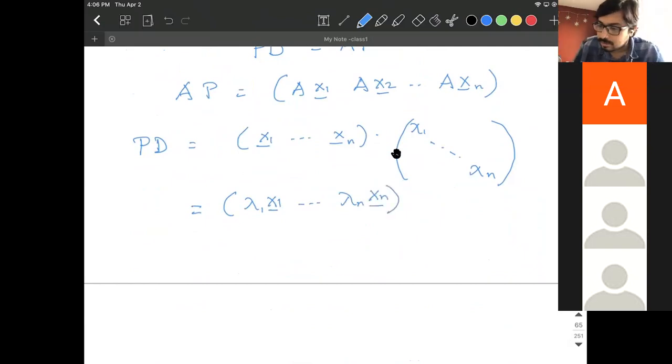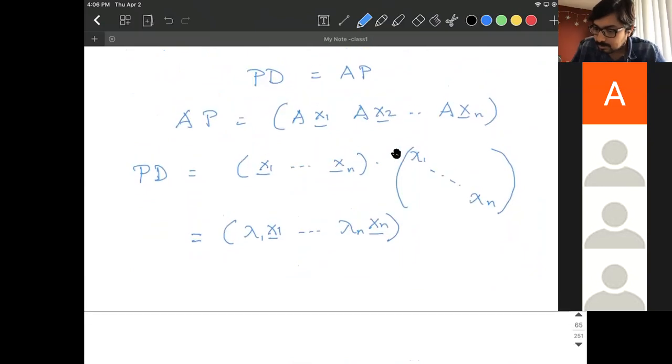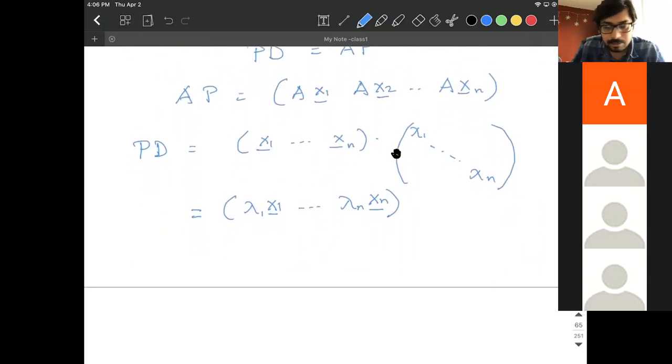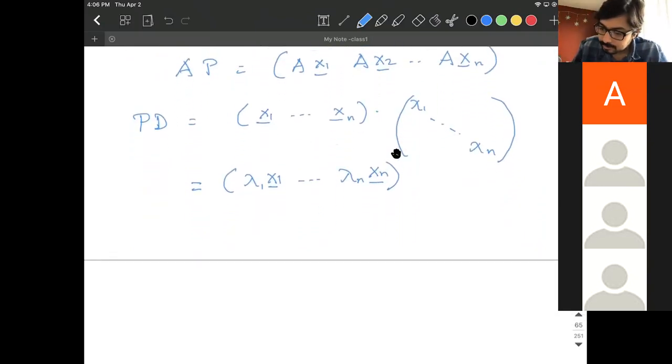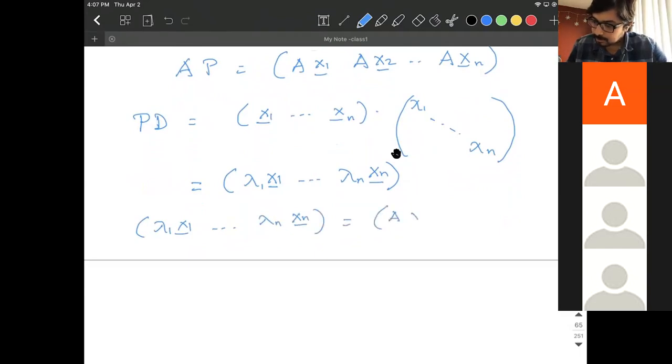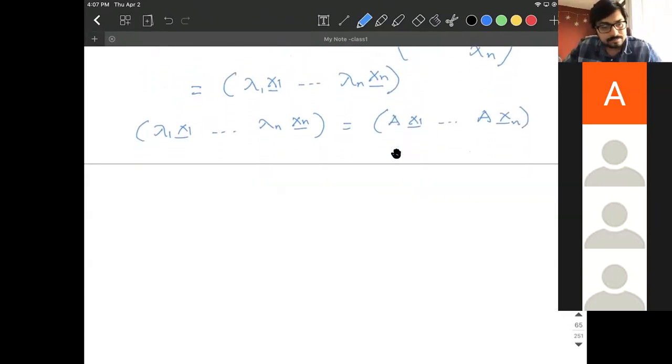This is the left hand side. Now PD equals AP means that lambda 1 x1 up to lambda n xn is equal to A times x1 up to A times xn.